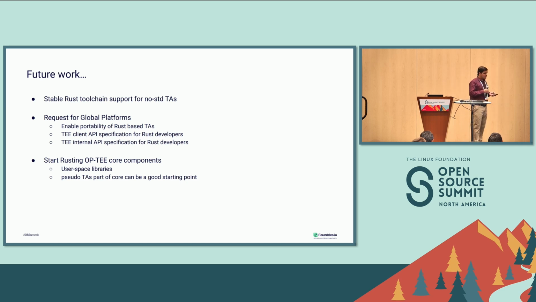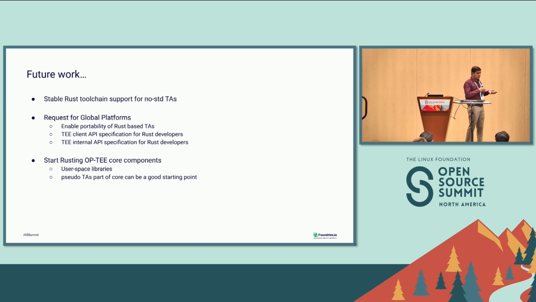And apart from that, we can start with rusting the components as well. First of all, I think we can start with the libraries provided by OP-TEE, the user space libraries. These are not OP-TEE utee, which is the core library, but the other libraries used by trusted applications.